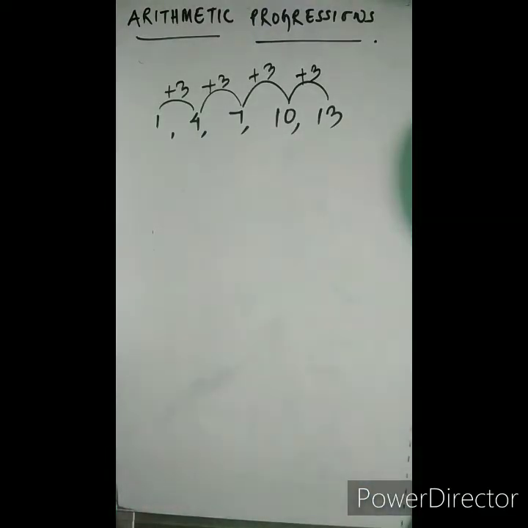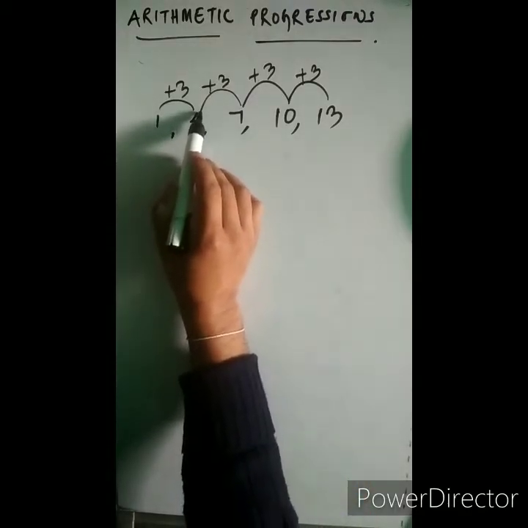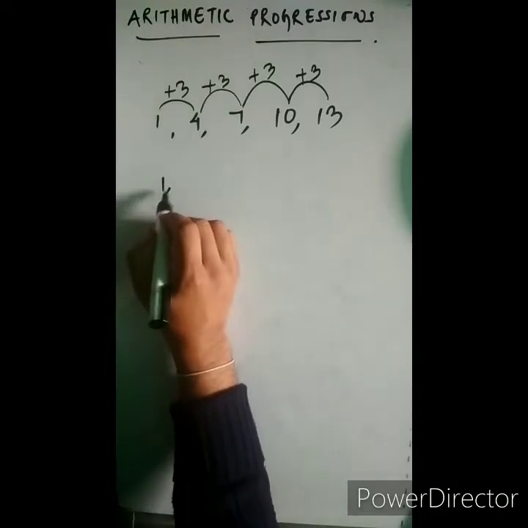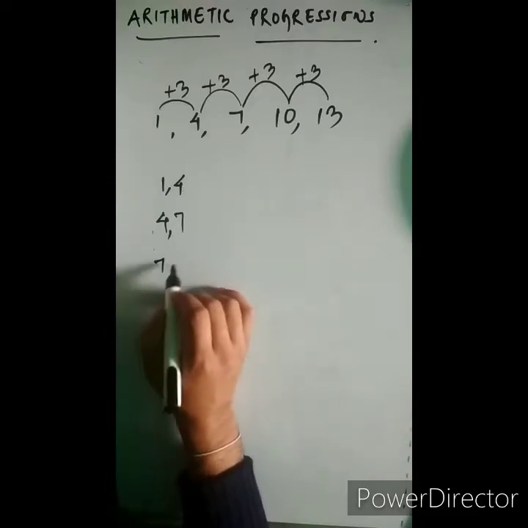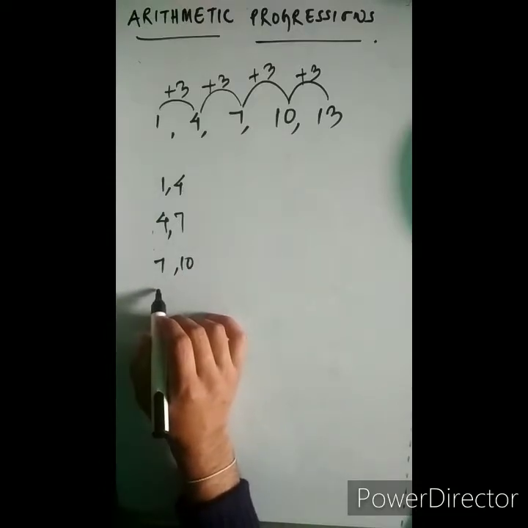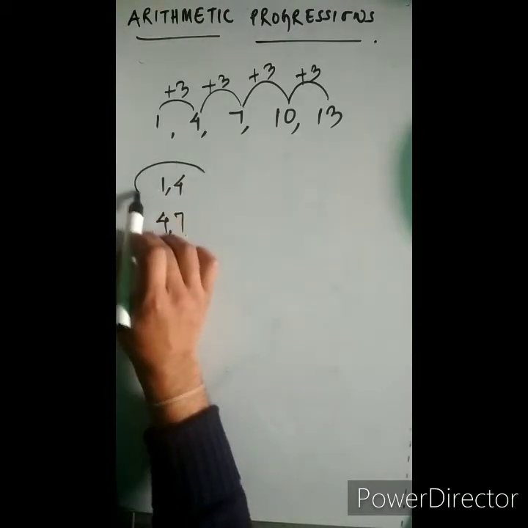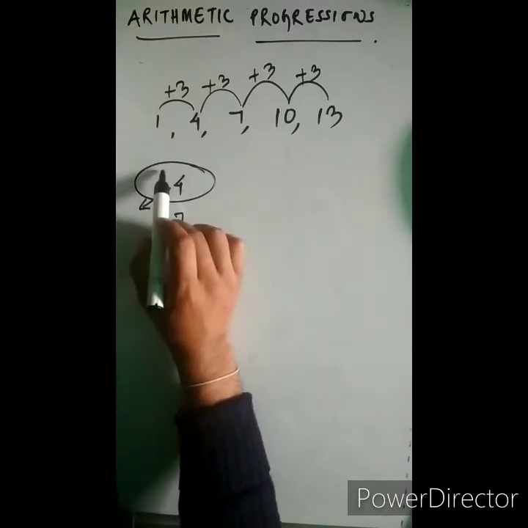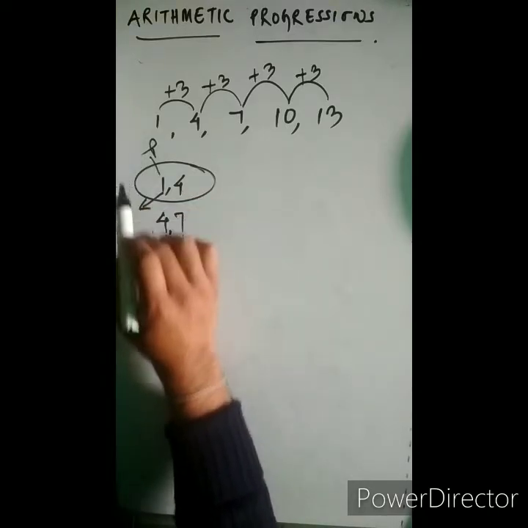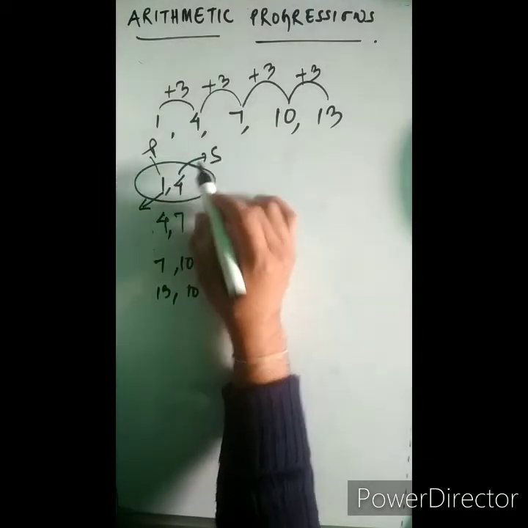So there exists a relationship between any two consecutive terms. Consecutive terms means here 1 and 4 are consecutive, 4 and 7 are consecutive, 7 and 10 are consecutive, and 10 and 13 are consecutive. In the case of consecutive terms, the first one is what you call the preceding term, and the later one, the second one, is what you call the succeeding term.